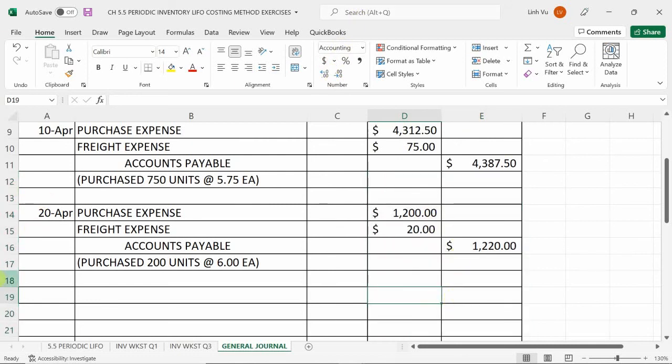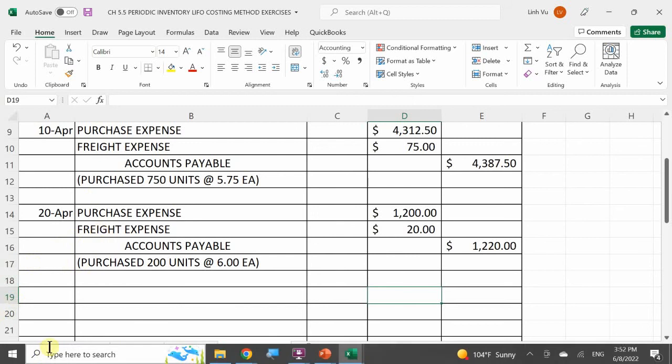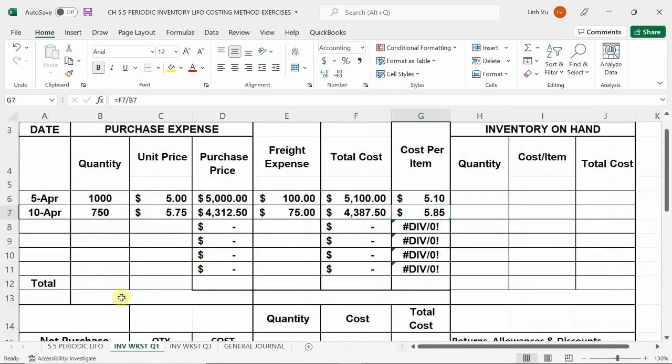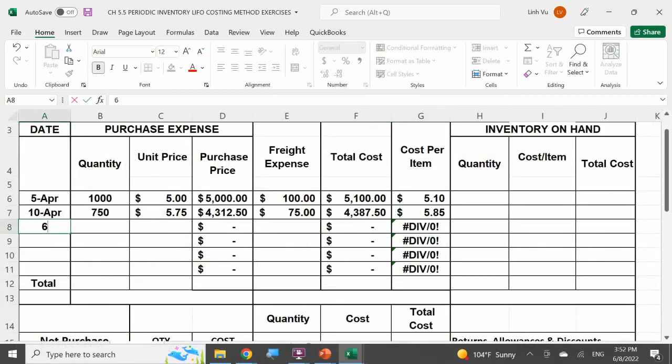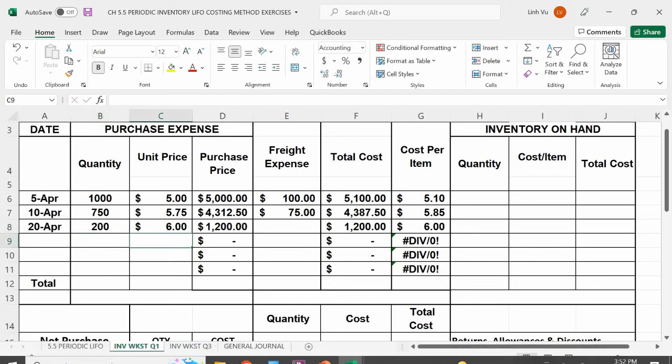So now that I have that transaction, let's plug it back into my inventory worksheet. I just purchased another 200 units at $6, right? So there you go. Boom. It calculated for me that it should be 1,200. 200 times 6 gives you 1,200.